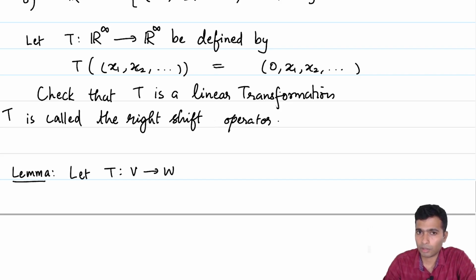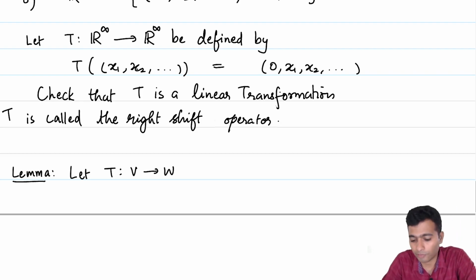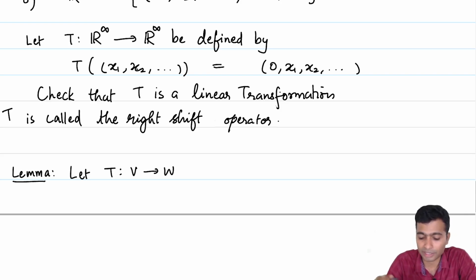As noted, P of R to P of R is a linear transformation, and that is infinite dimensional. Same is the case with the last example, from R infinity to R infinity. It is an exercise for you to show that R infinity is not a finite dimensional vector space, and that this is an example of a linear transformation from an infinite dimensional vector space to itself.